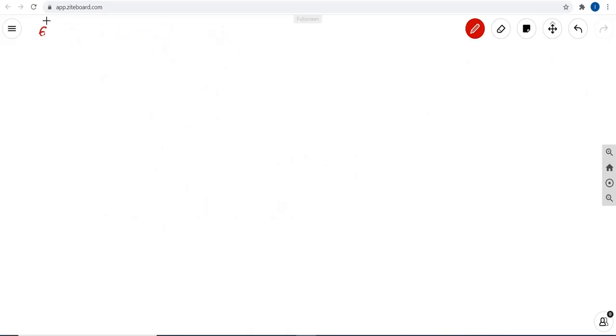The sixth problem is given as x square minus 1 by x square minus 3. Now if you see, we have to put this in the form of a minus b. So this should be in the form of x minus 1 by x.